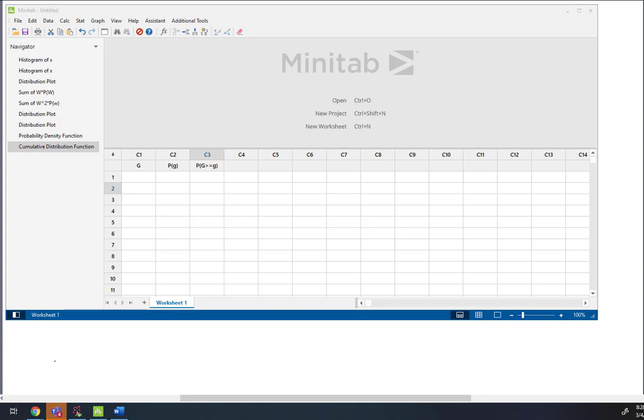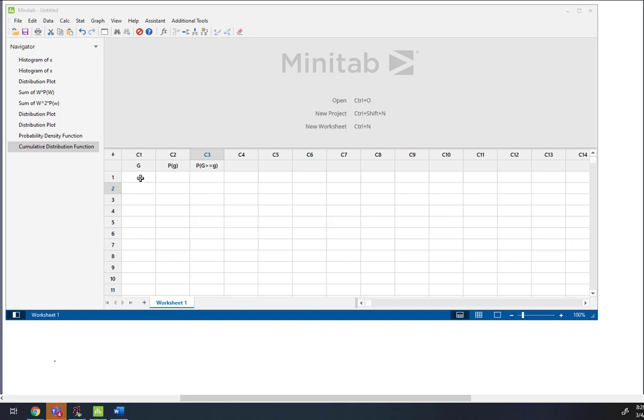So the first thing we're going to do is get the probability distribution. From reading the book, we're going to define a random variable that in this instance I've called G, and G is going to be the number of green pods in the 6 offspring that we look at.